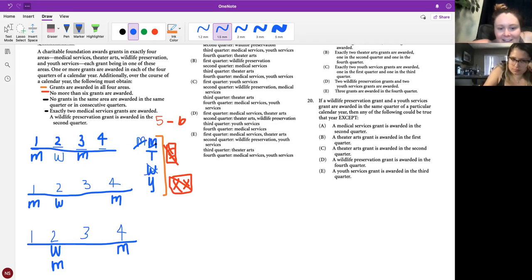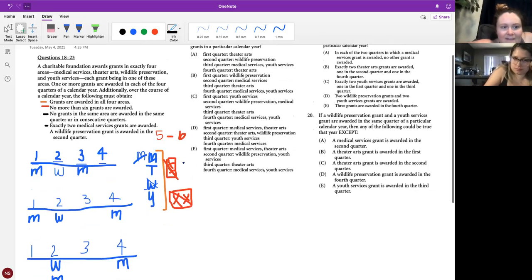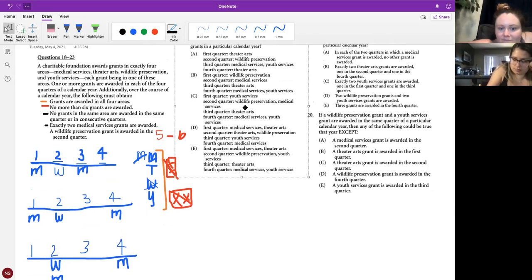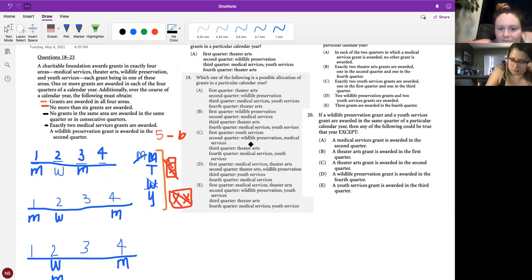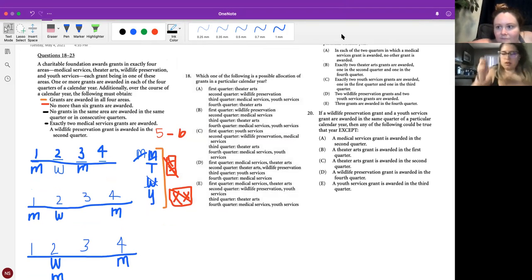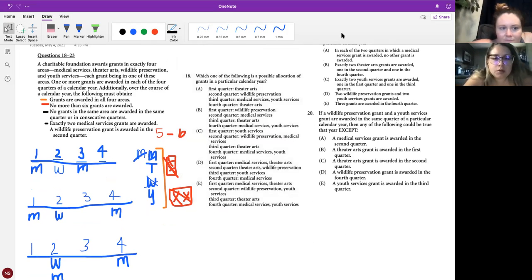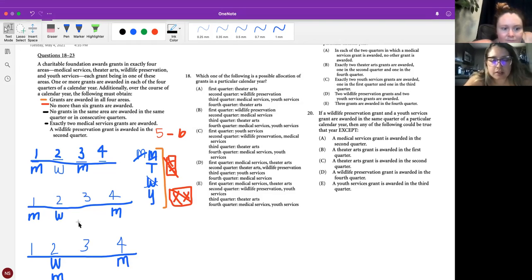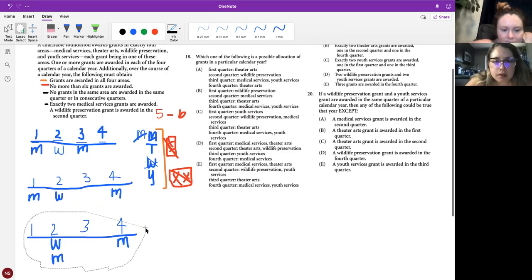That's nice. All right, so let's go ahead and look at question number 18. Which one of the following is a possible allocation of grants in the particular year? Okay, so this is just an ordering.